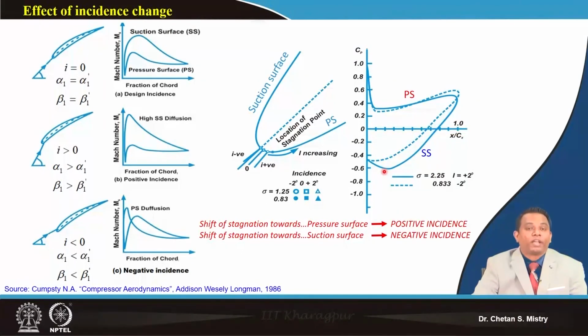And do not forget, the major contribution to the pressurizing capacity of any kind of aerofoil used for an axial flow compressor mainly depends on the surface curvature of the suction surface. Okay, so here when we have negative incidence, we have deterioration in performance.